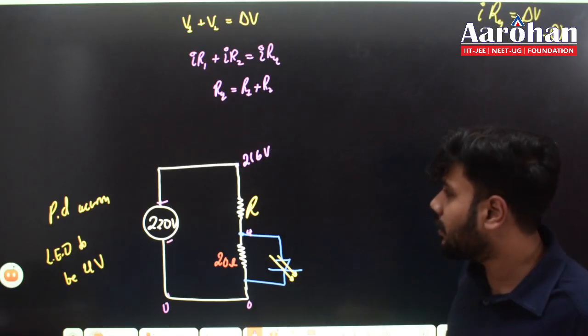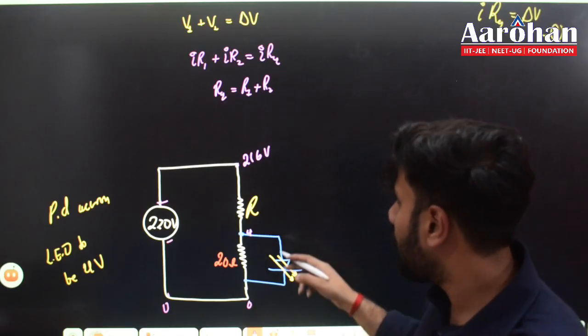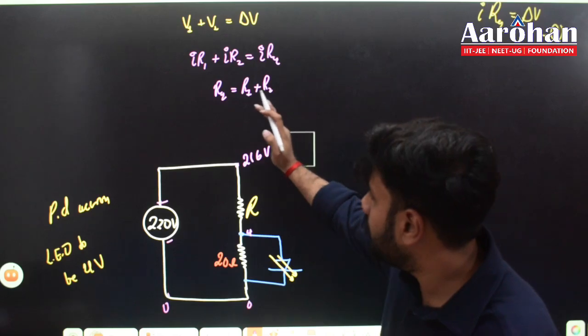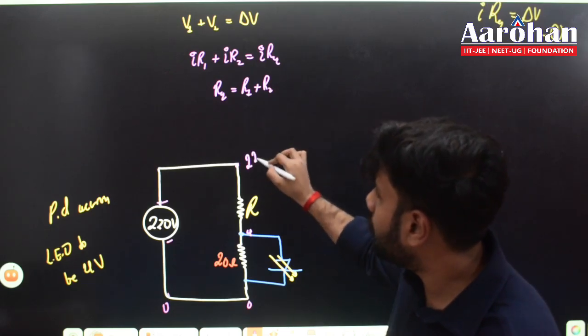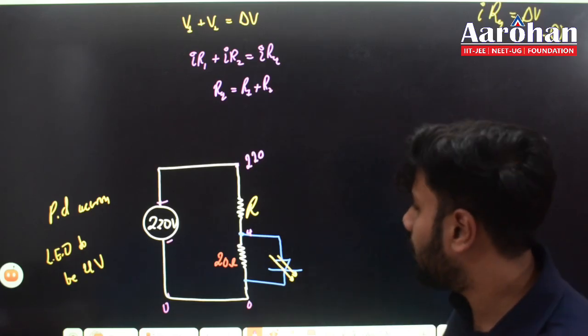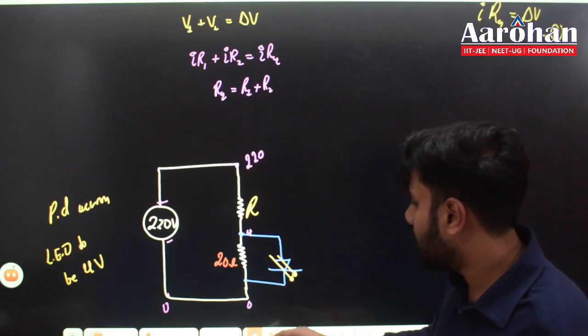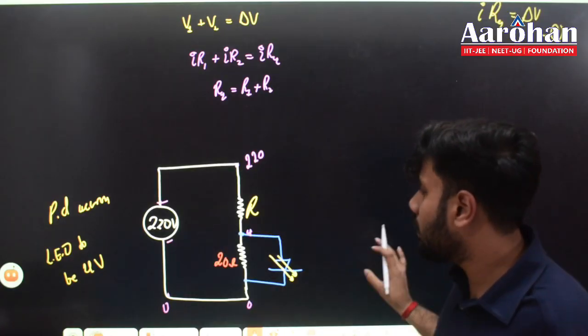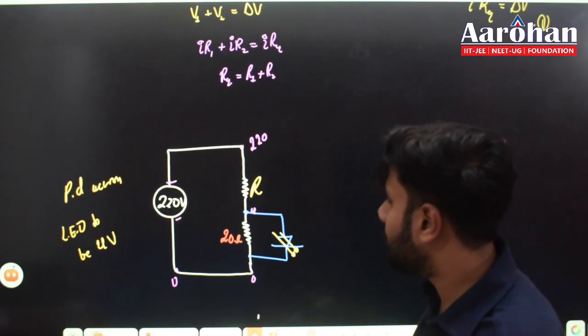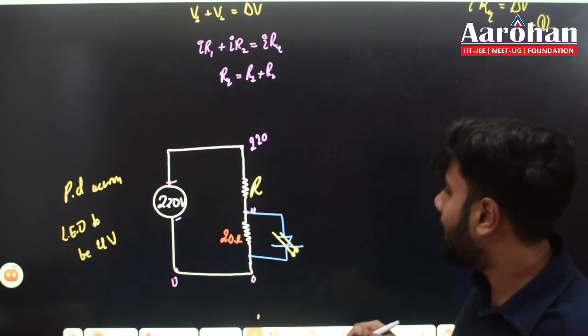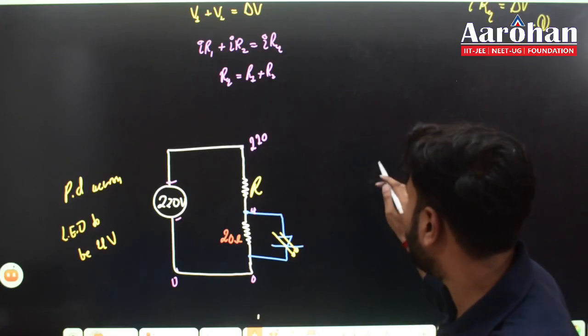So the potential difference across R is this 220 minus 4, which is 216 volt. Now what you have to evaluate is just the value of R.